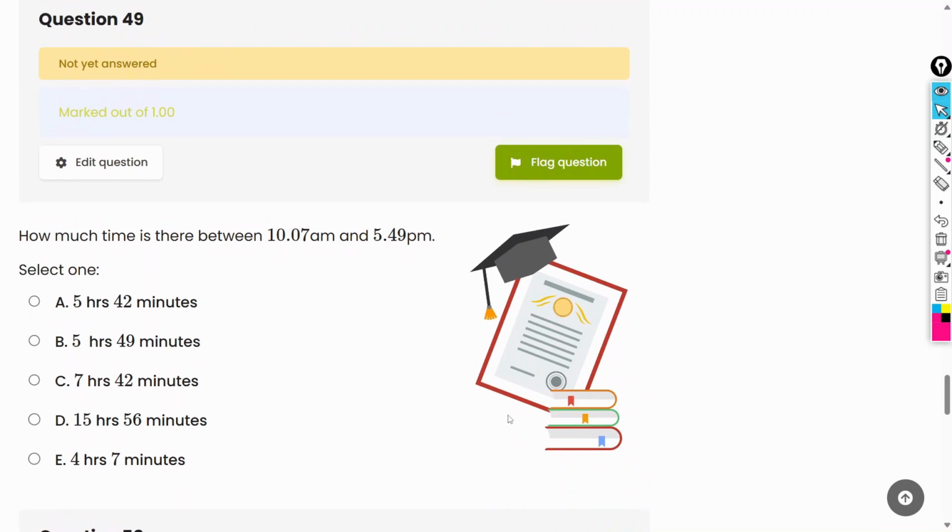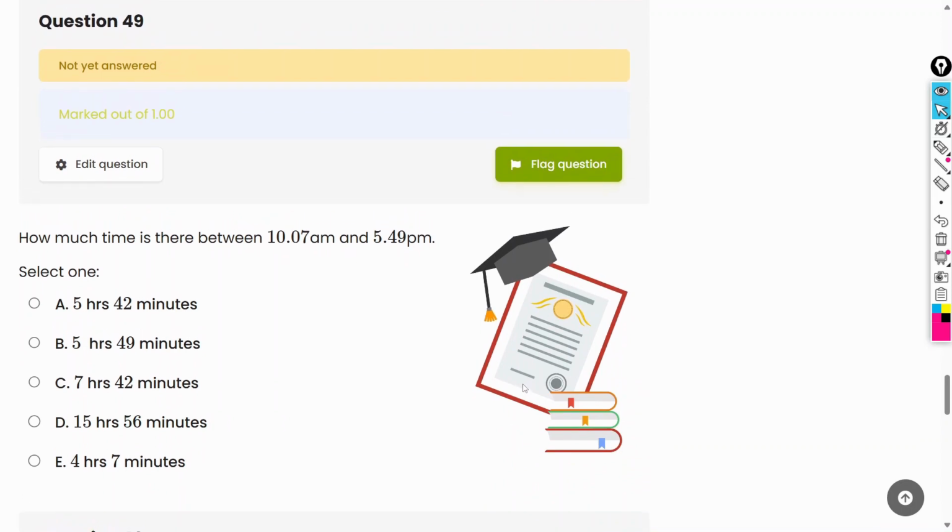How much time is there between 10:07 a.m. and 5:49 p.m.? So how much time from here to here? And we can figure that out by subtracting. So that's 5:49 p.m. minus 10:07 a.m. and we are subtracting.